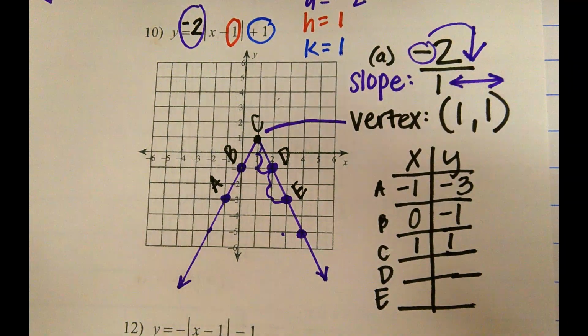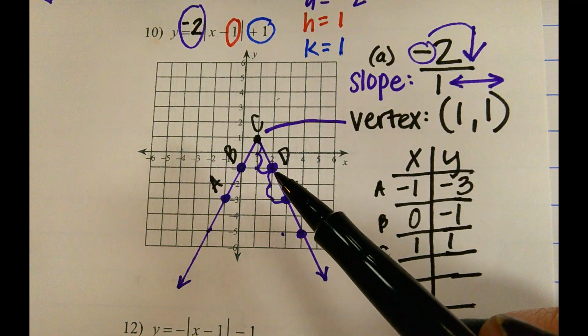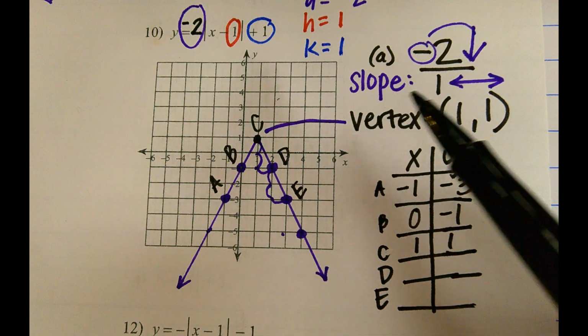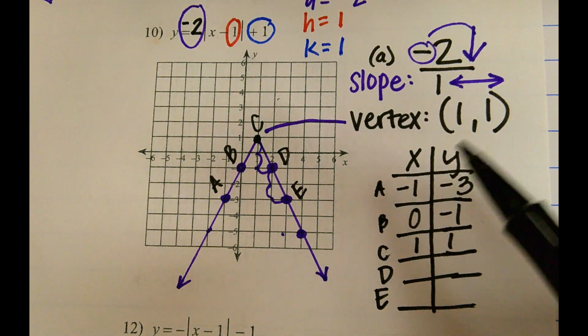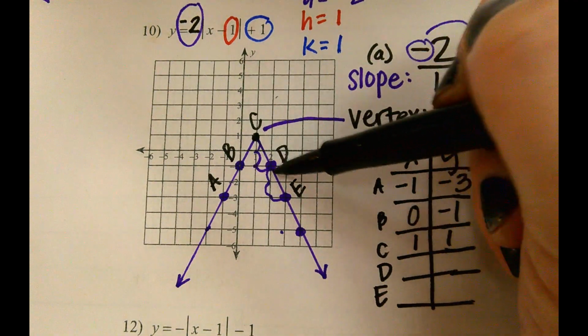What's point D? 2, minus 1. You are correct.